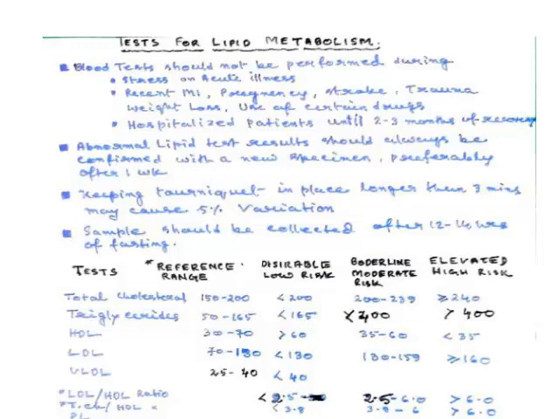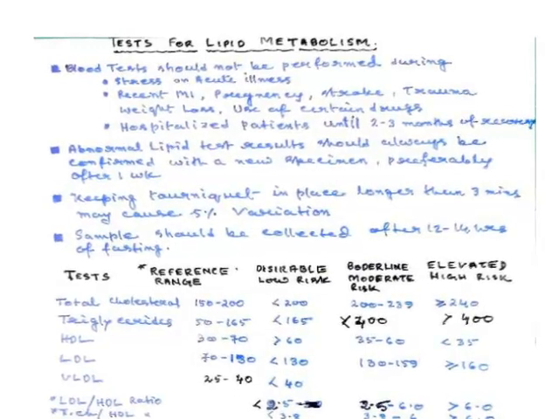They should not take any food, but they are allowed to take the usual medicines, excepting hypoglycemic drugs, and plenty of water as per his or her thirst. So important: water is allowed, not food, and drugs are allowed excepting some hypoglycemic agents. So this is very important to know.